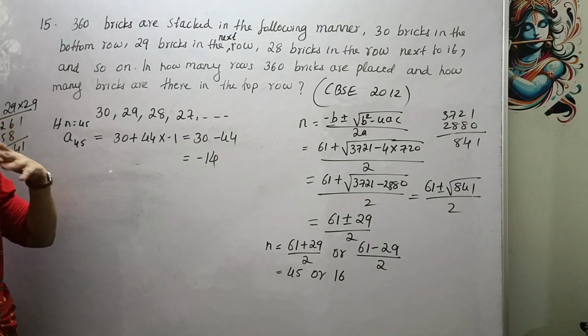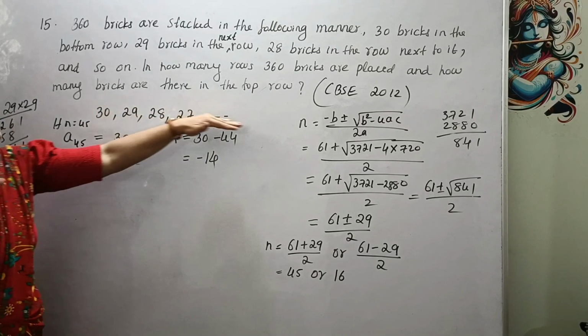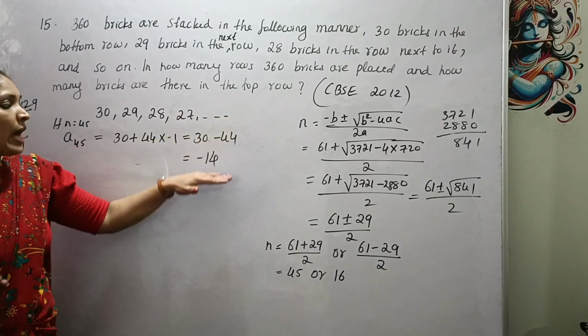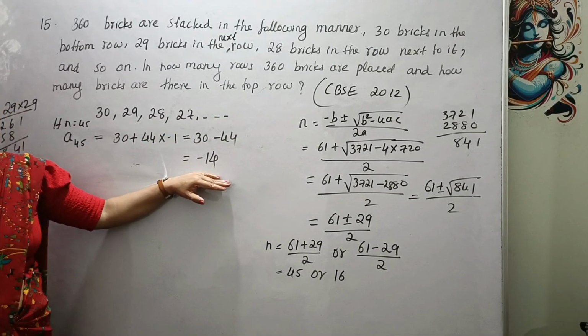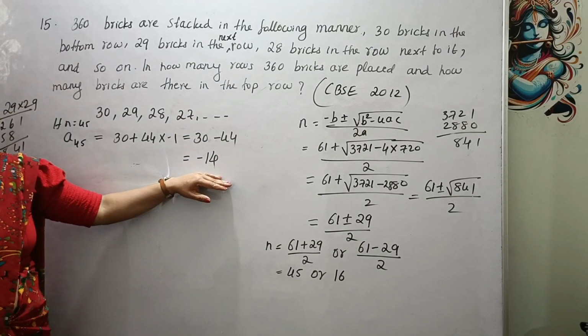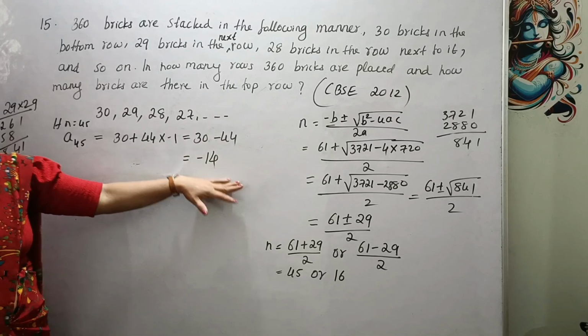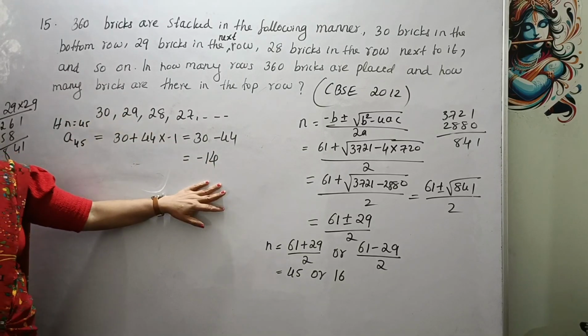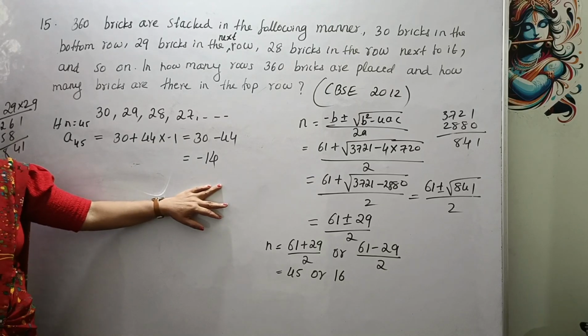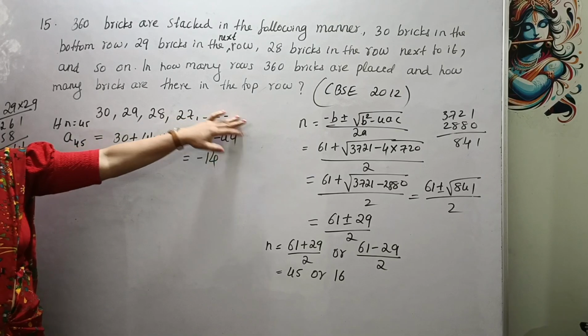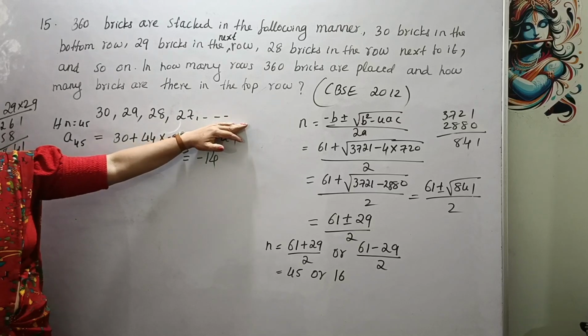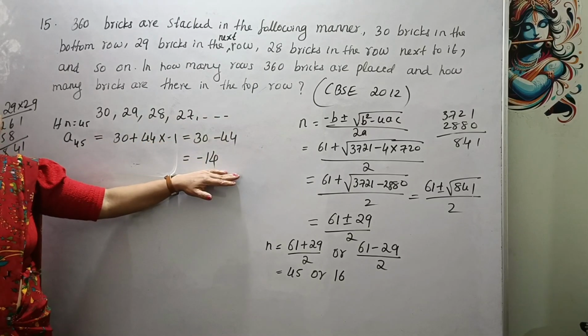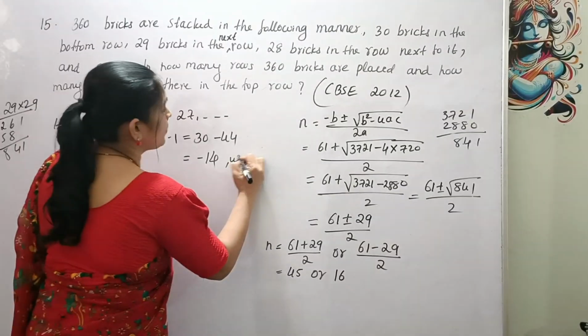Here the terms are the number of bricks, so the number of bricks cannot be negative. It must be positive, right? So here minus 14 is not possible, because all the terms are the number of bricks.